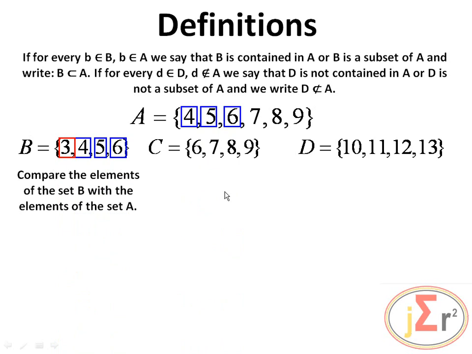However, 3 is not present in A. Because 3 is not present in A, we conclude that B is not a subset of A.